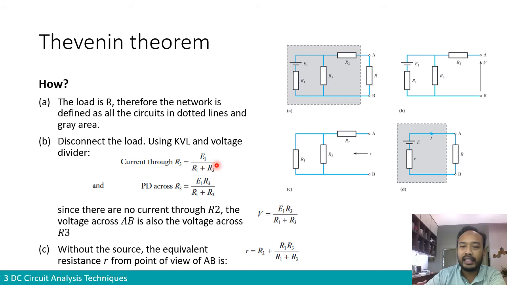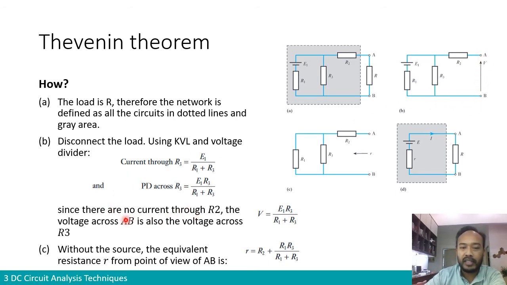That is the current that goes through R3. Therefore, the voltage is just the current through R3 multiplied by R3. So here the current is this portion over here, multiplied by R3.